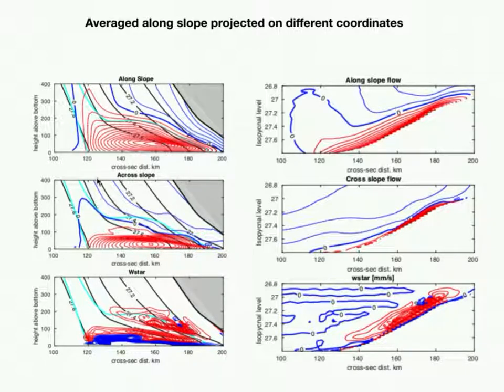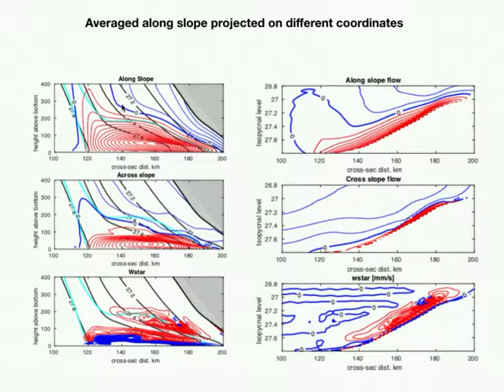At the beginning it's a bit weird because the vertical distance to the bottom is not always the same everywhere, since the bottom is not flat, but if you look along the vertical at every point, it gives us a better idea of the structure of the flow close to the bottom.